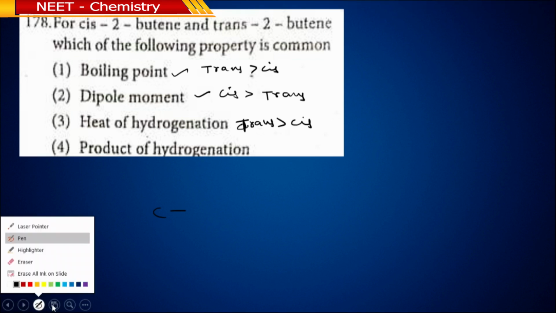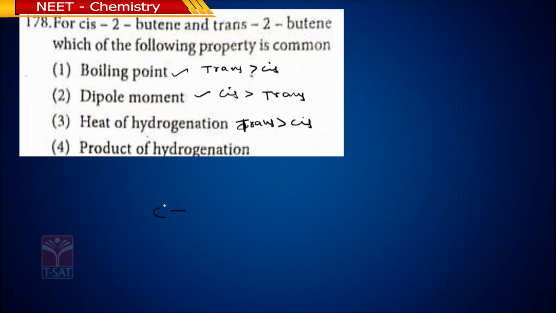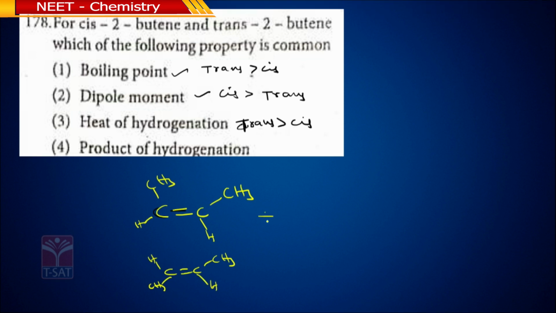Product of hydrogenation means, see, he is asking which of the following is the same. He is asking, CH3, H, this is the cis compound, and the trans is CH3, H. If you react this with H2, you are going to get CH3-CH2-CH2-CH3. Already H is there, one more hydrogen is added.